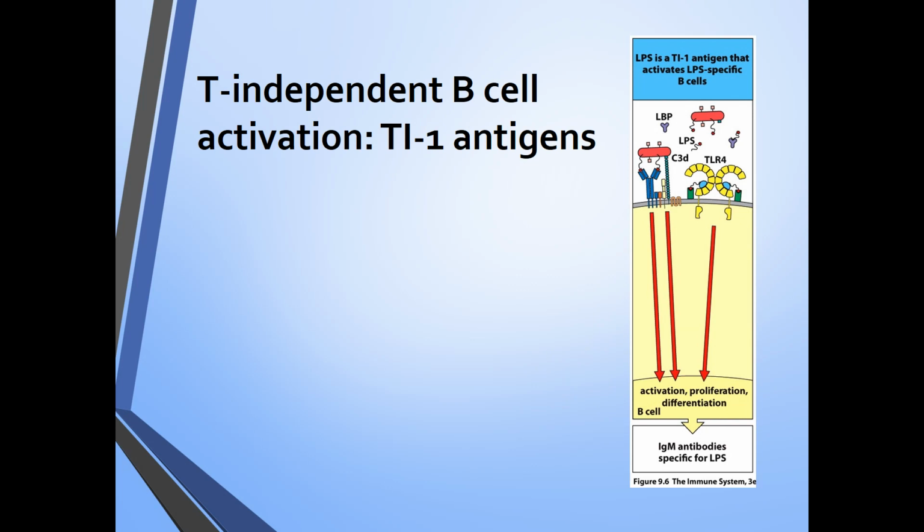Now, at high concentrations of LPS, you don't need that binding to the B cell receptor. It can interact directly with TLR4, and that'll stimulate the response by itself. But at low concentration, it'll stimulate antigen-specific B cells.